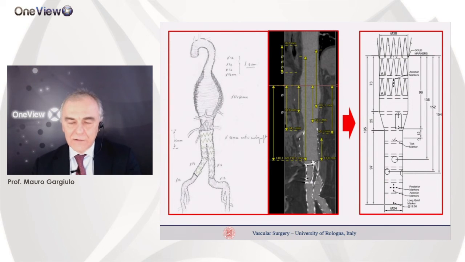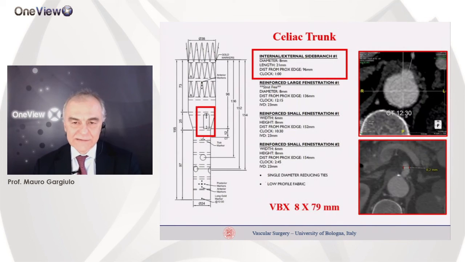We defined this morphology of the endograft according to the location of the aneurysm and the diameter of the aorta at the level of the visceral vessels. This was the hypothesis for the revascularization of the celiac trunk with a branch, and according to the clock view and the diameter of the celiac trunk, in our idea, we decided to use a VBX 8 by 79.